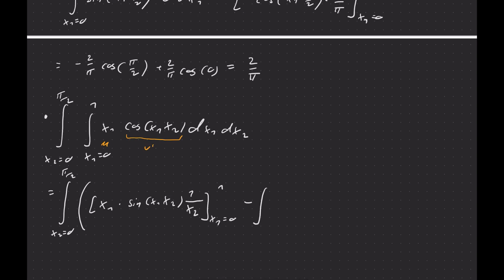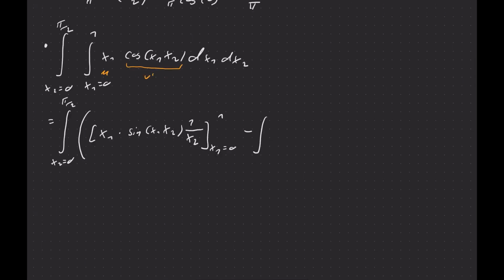Minus, and we're going to subtract another integral here from 0 to 1 again. And then we need to integrate v prime and differentiate u. So differentiating u is just a 1. And integrating v prime, we just did that. That is the sine of x1 x2 divided by x2 dx1 and all that dx2.